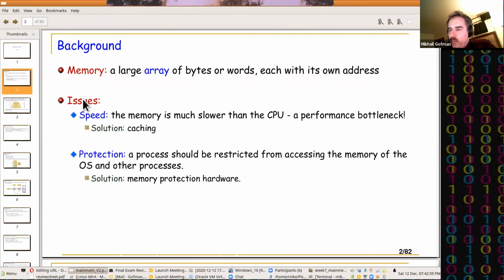So, when it comes to speed, we want our memory to be as speedy as possible. In other words, we want our memory to be fast. I would actually add to this a little bit. I would say we want our memory to be both large and fast. But unfortunately, as we have learned previously, the bigger your memory becomes, the slower it becomes. Why?